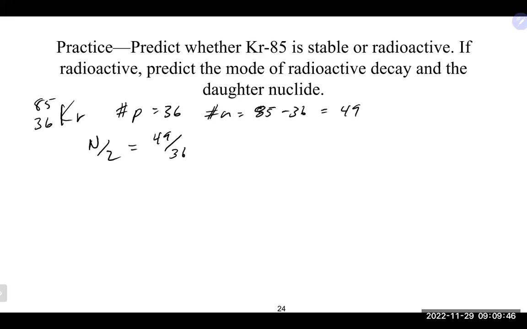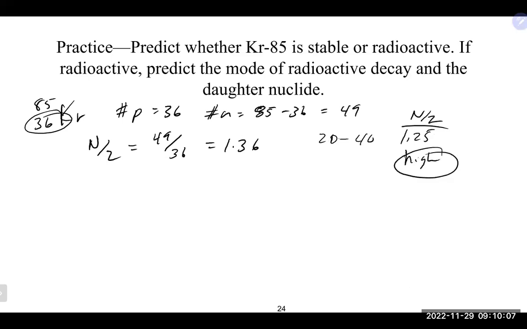That's like 1.36. Now we do have an atomic number here of 36, which would fall in that 20-ish to 40 range, where an acceptable ratio would be 1.25. This looks like it's going to fall on the high side there. So that means it is obviously radioactive in this case. It also means that it will go through a beta decay here to sort of fix that.